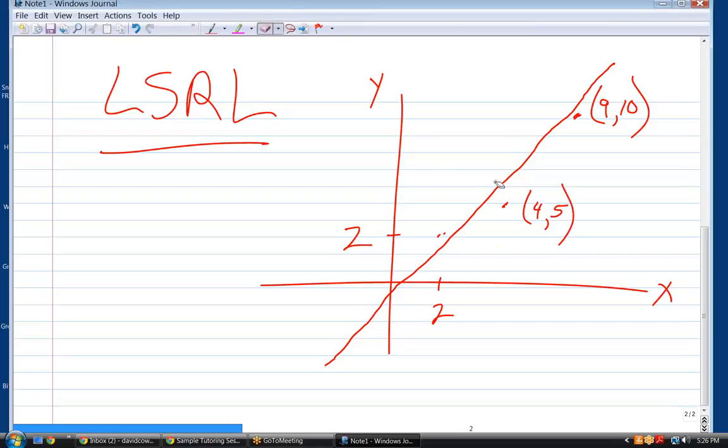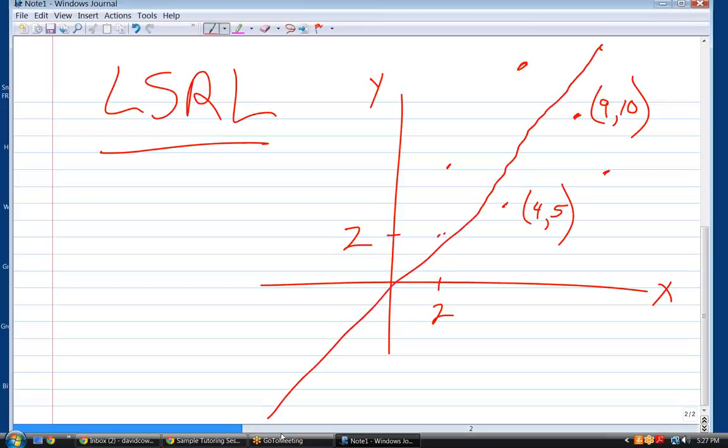But what if my points were there, and there, and there? Now, if I try to draw a straight line between all of those, there's a lot of outliers. Well, there's a lot of distance. Basically, your correlation factor is based on the sum of all the squares of all of these distances.